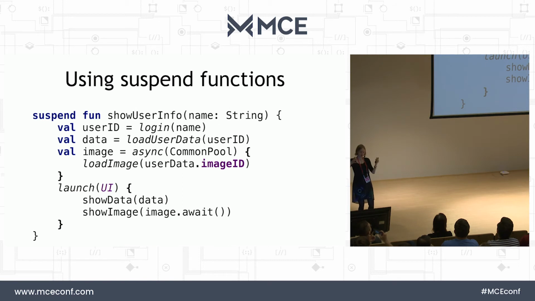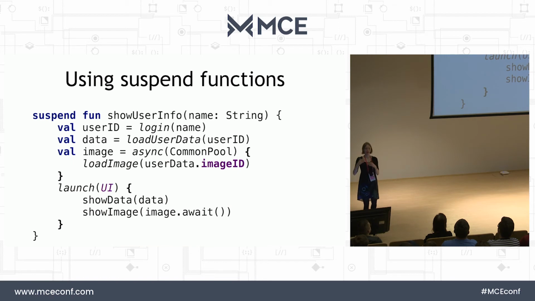After that, separately, we have to load user data. We do it again in a suspend function. In this case, these two first calls are processed one after another, but it makes sense because the second, load user data, uses the result from the first computation, so you have to do that.